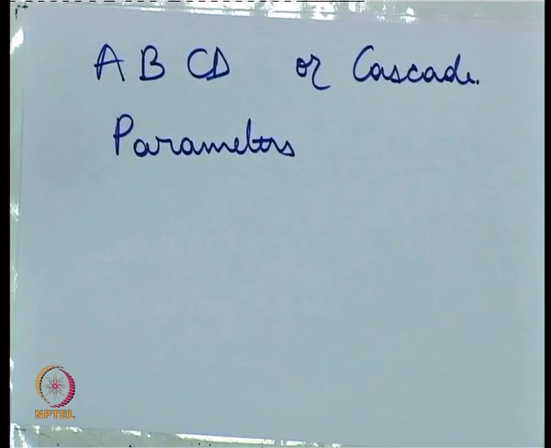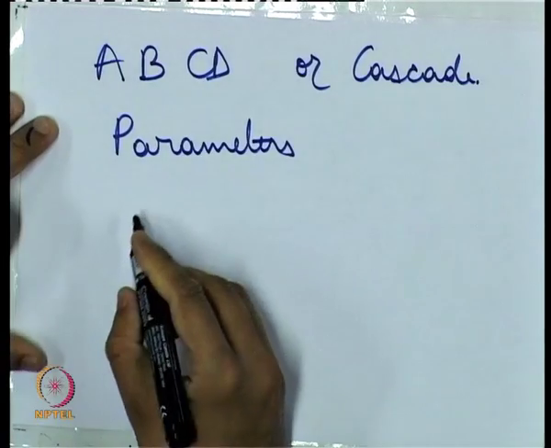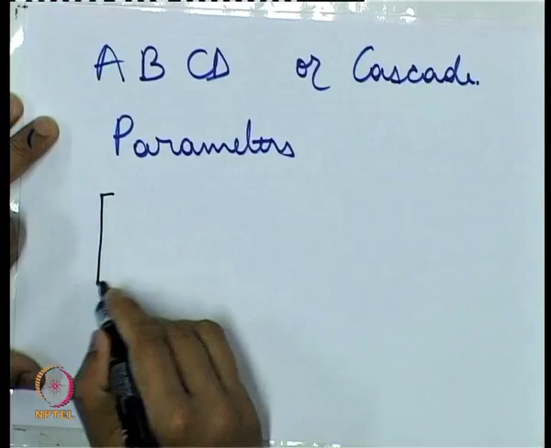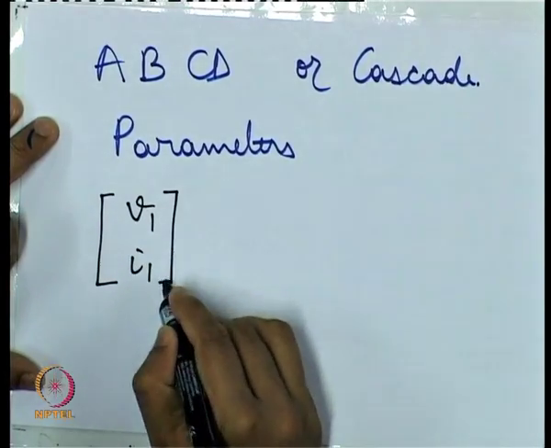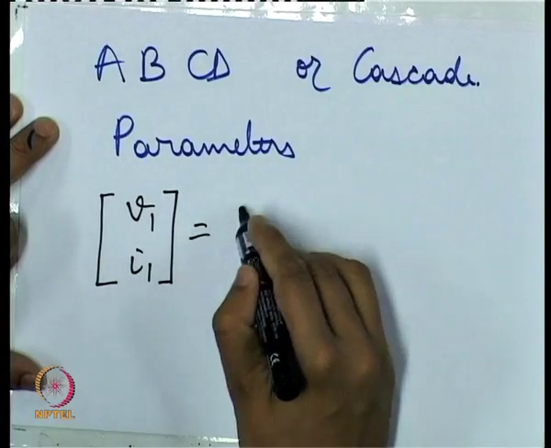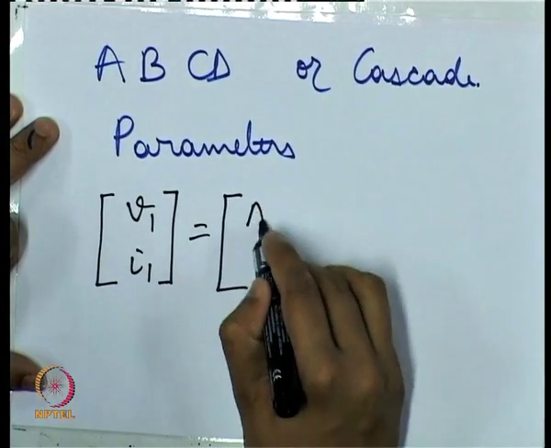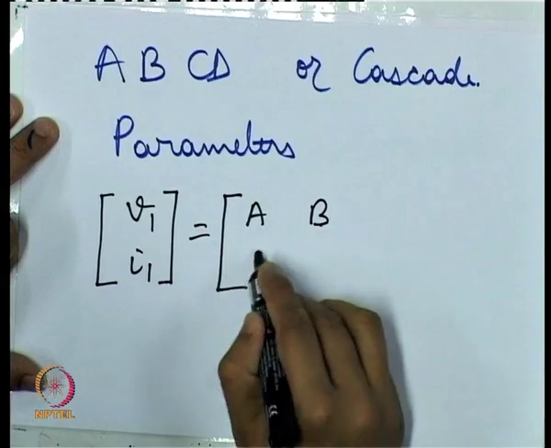So ABCD or cascade parameters relate the input voltages and currents to the output voltages and currents.